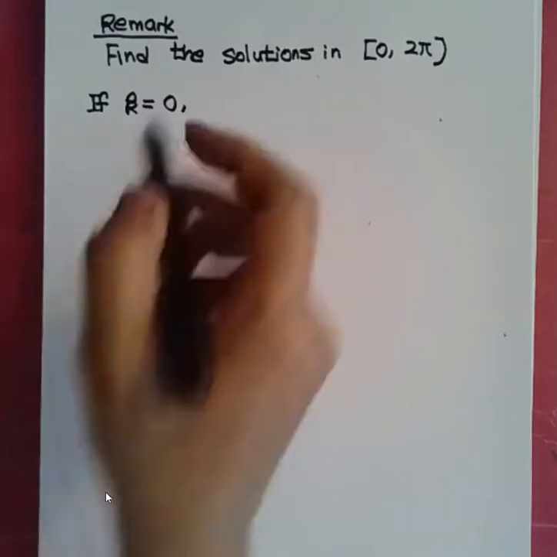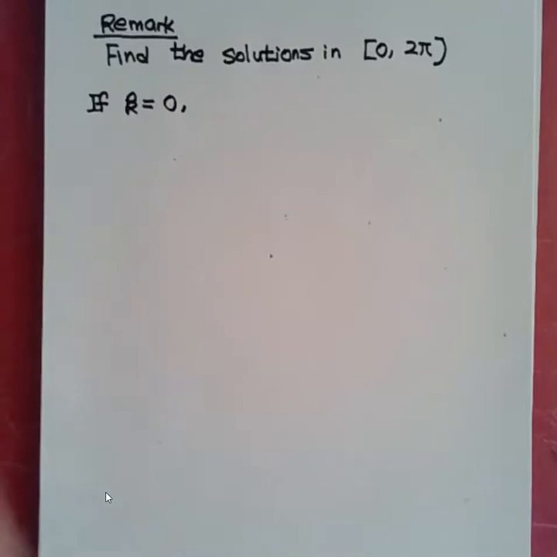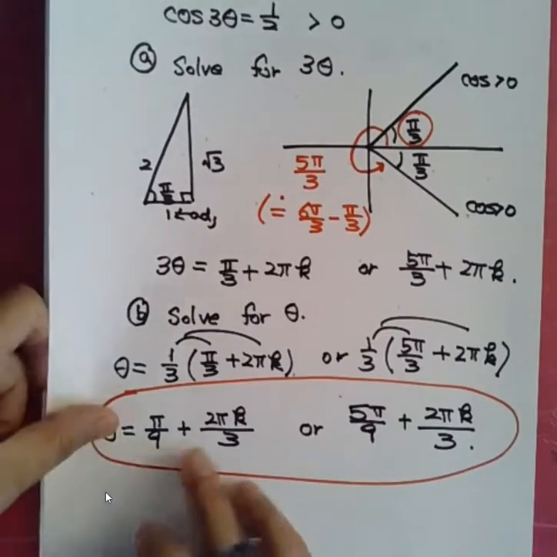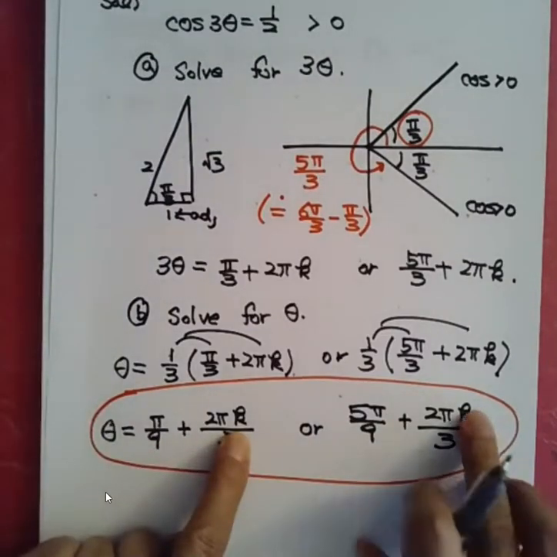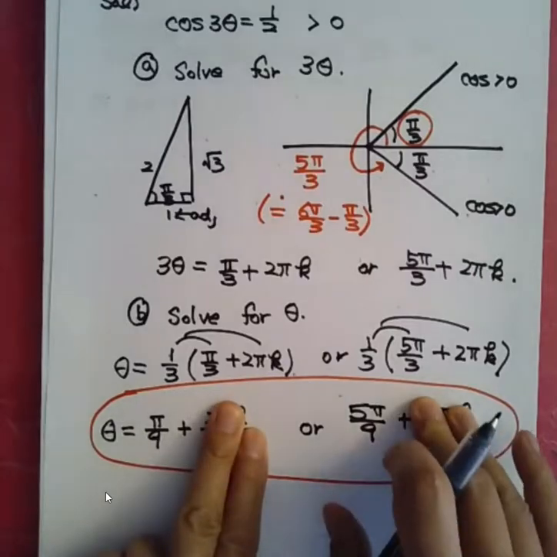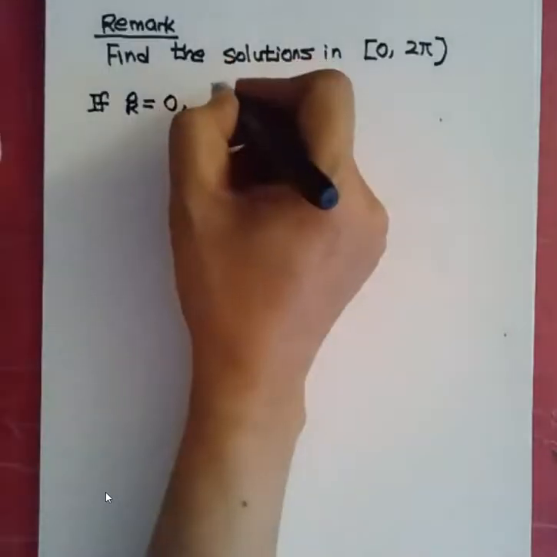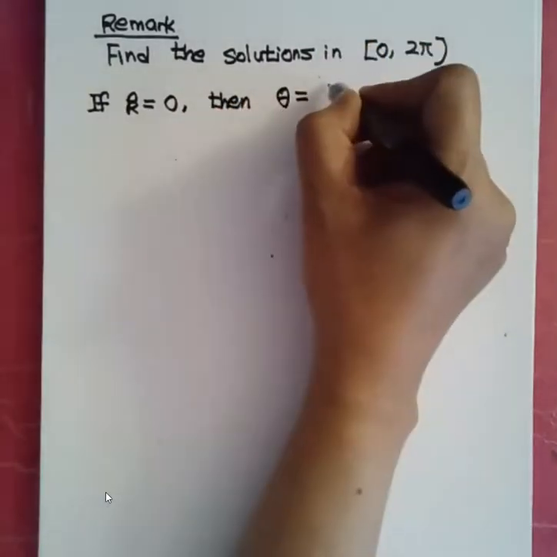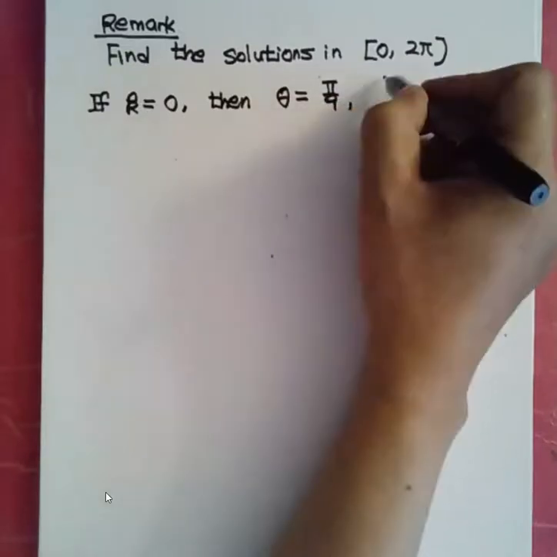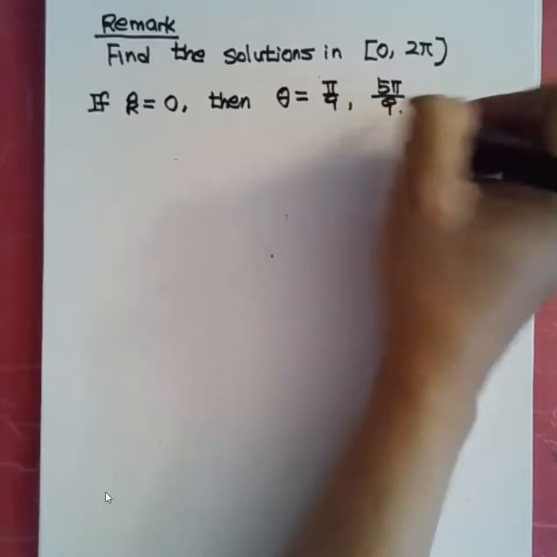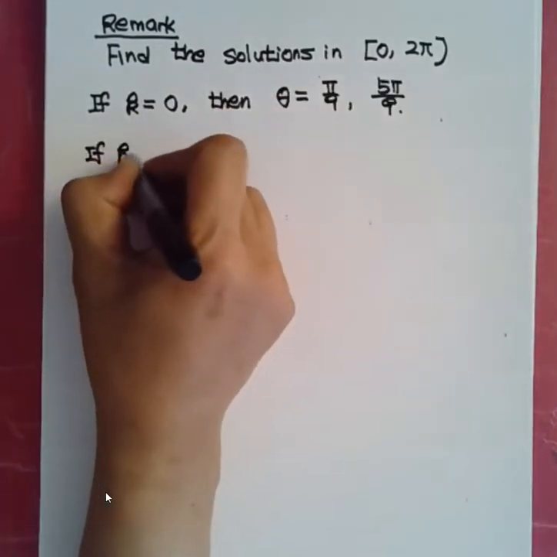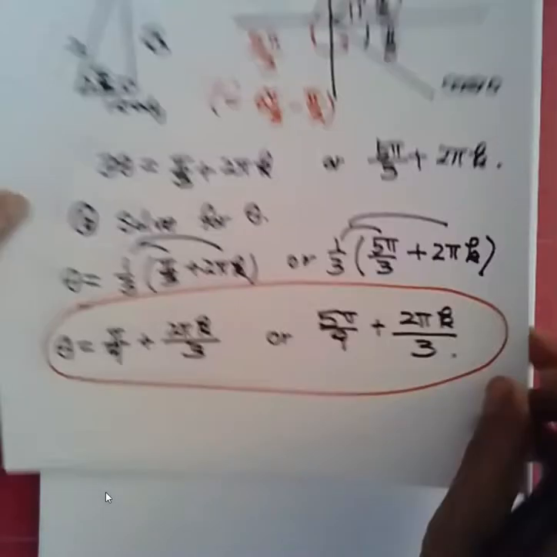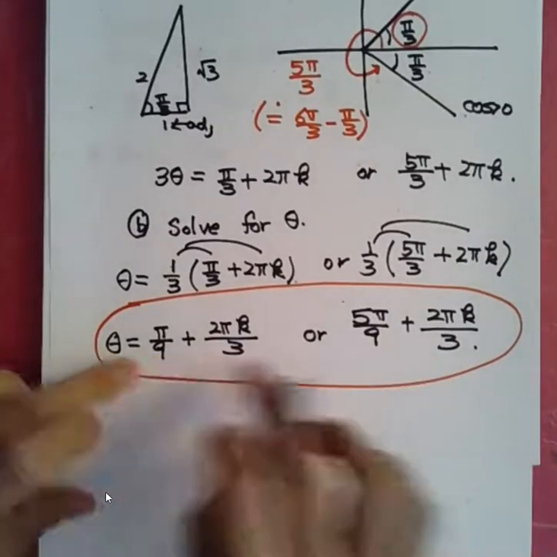So k equals 0. When you plug in k equals 0 here and here, these two terms will vanish. So we have an answer. Theta equals pi over 9, or 5 pi over 9. If k equals 1, then we just use these two.